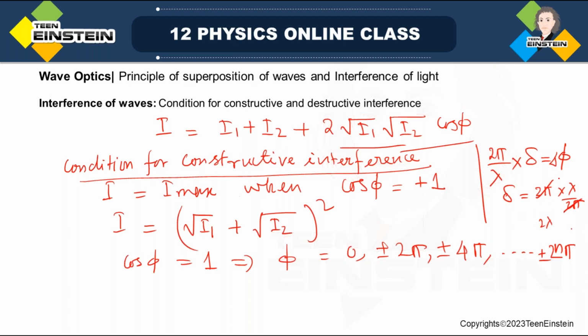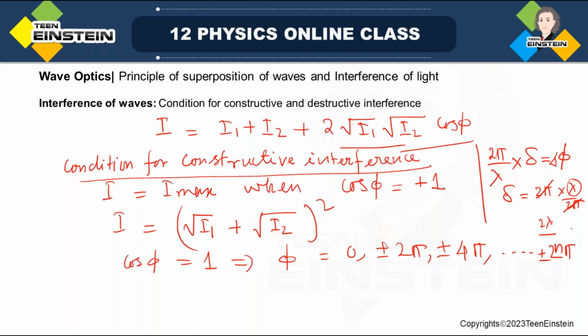When it is 6 pi, it means 3 lambda. So with integer numbers, you can see lambda, 2 lambda, 3 lambda, 4 lambda, 5 lambda, etc.